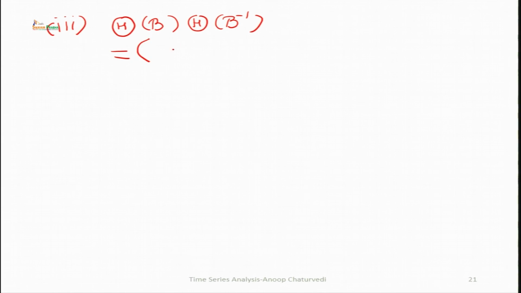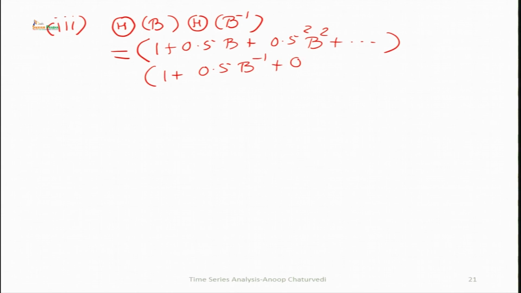So, this is equal to 1 plus 0.5 B plus 0.5 square B square plus so on into 1 plus 0.5 B inverse plus 0.5 square B to the power minus 2 plus so on.